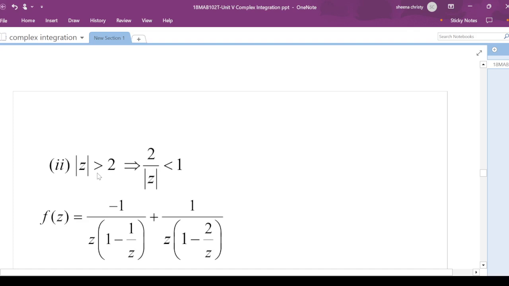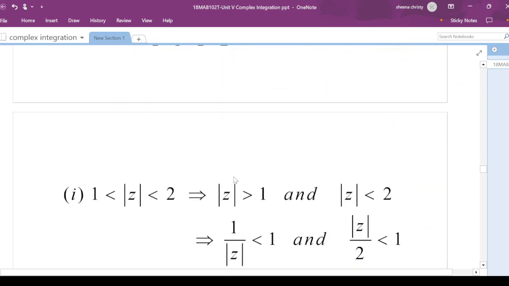Therefore, to make it into the |z| < 1 form, we have to invert it. By doing the inversion, we get 1/|z| < 1/2. By bringing this 2 to the numerator, you get 2/|z| < 1.